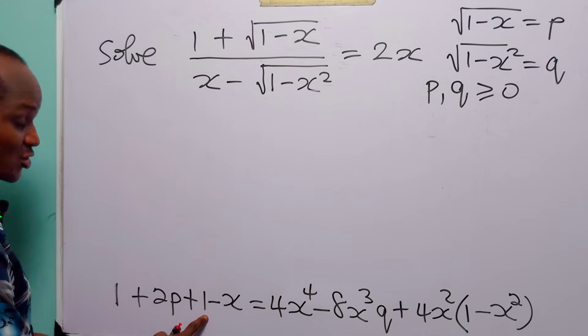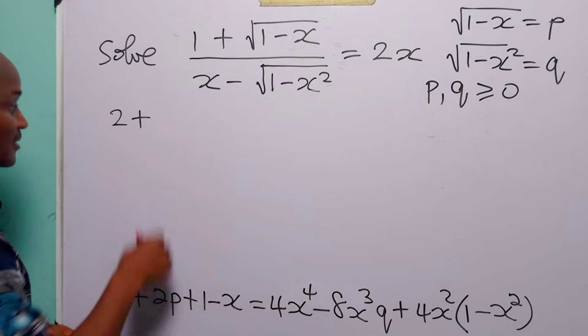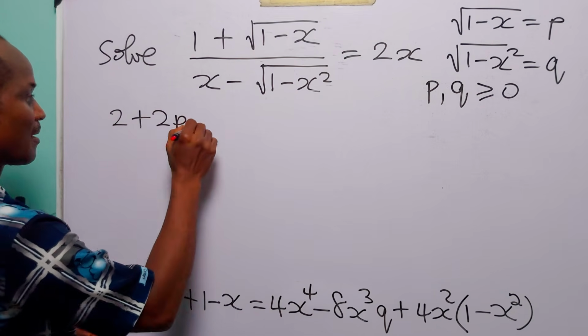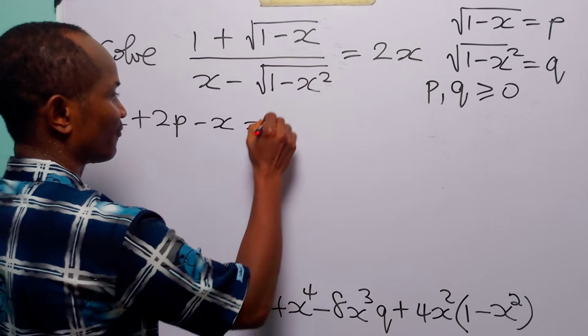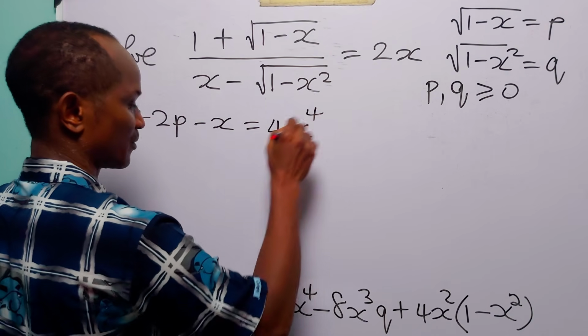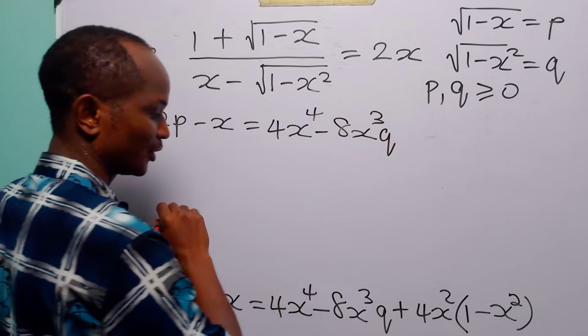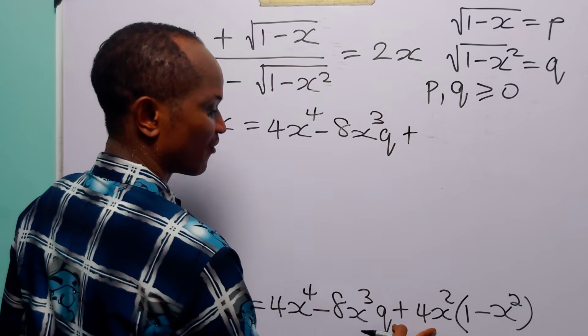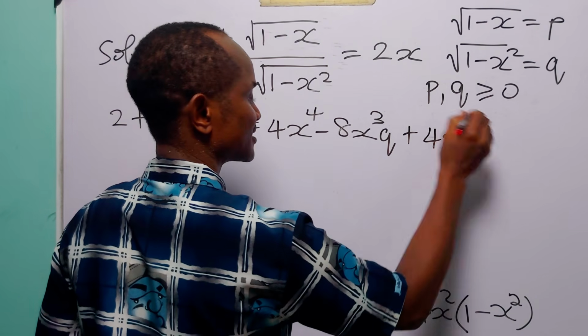Now, 1 plus 1 is 2. So we have 2 plus 2p minus x is equal to 4x to the power 4 minus 8x cubed q plus 4x squared times 1 is 4x squared.